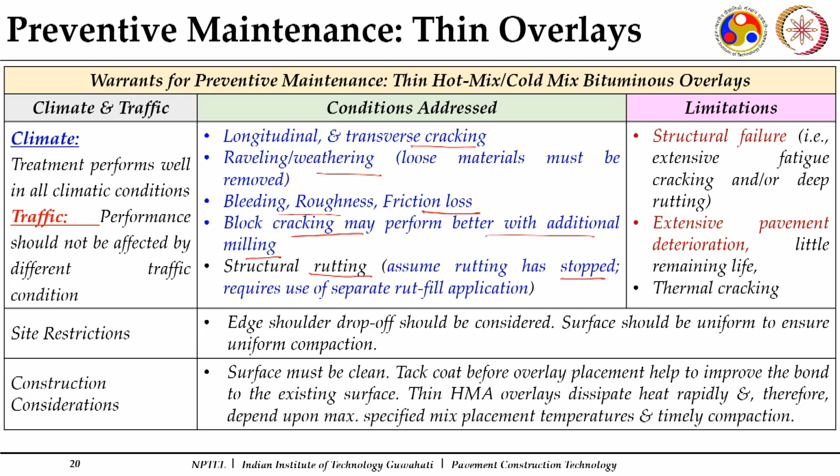An important thing to note: if surfaces initially show signs of fine cracks or raveling, why wait to go for thin overlays? In the beginning itself we can go for the application of fog seals, and if only some fine cracks have developed at some places, we can go for crack sealing.